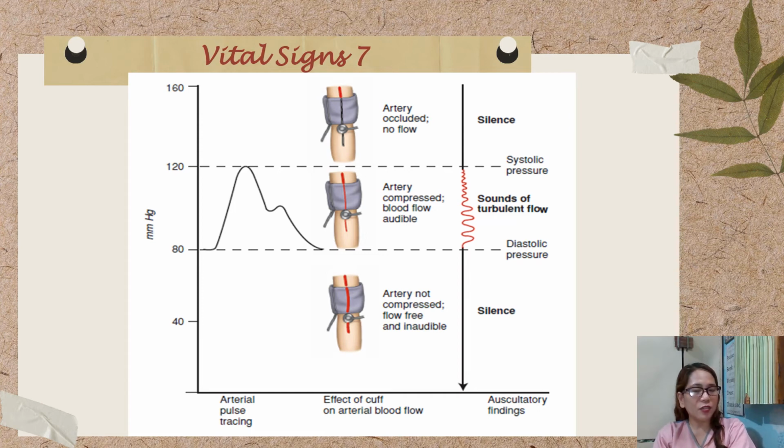Okay, that will be your systolic pressure. Hanggang sa lumakas siya, hanggang sa unti-unti siyang mawala. Okay? That will be your diastolic pressure bago yung silence talaga. Okay? During this time kasi, the artery is not compressed kasi nag-deflate ka na, the flow is free and inaudible na siya. So, there will be silence.